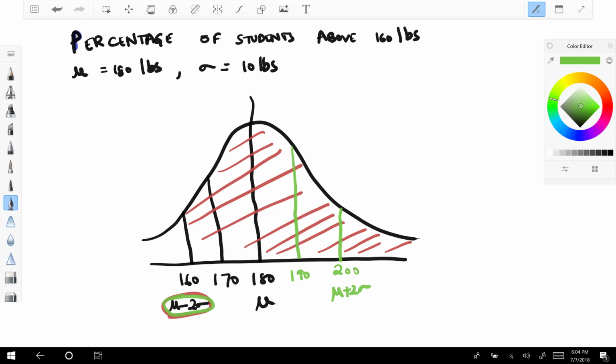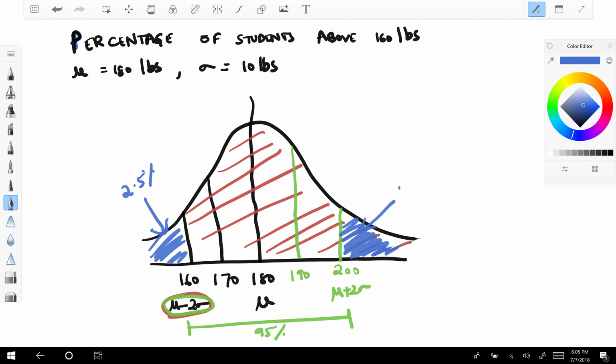So if you see, this whole area 160 to 200 is 95%. That means this area plus this area should be 5%. Because the curve is symmetrical, we can divide the 5% into 2 halves, which is 2.5% and 2.5%.